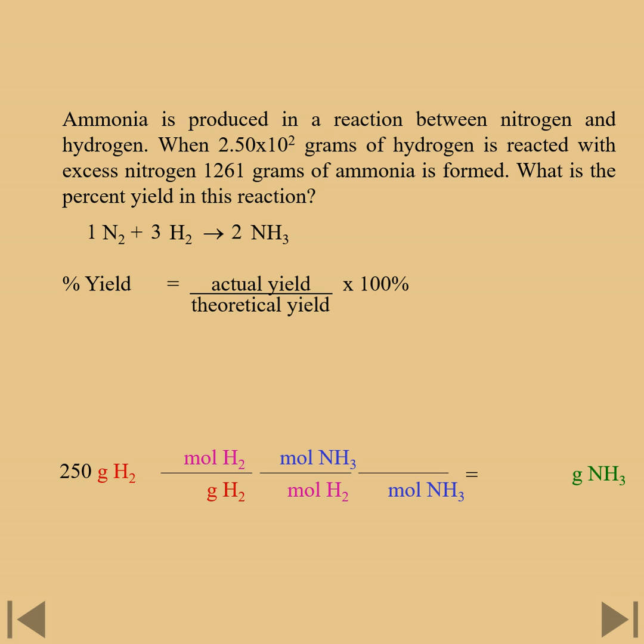And molar mass of hydrogen will be 2.02 grams per mole. The balanced equation says 2 moles of ammonia formed from 3 moles of hydrogen. And the molar mass of ammonia, 14.0 grams per mole for the nitrogen, 3 times 1.0 for the hydrogen, or 17.0 grams per each mole.